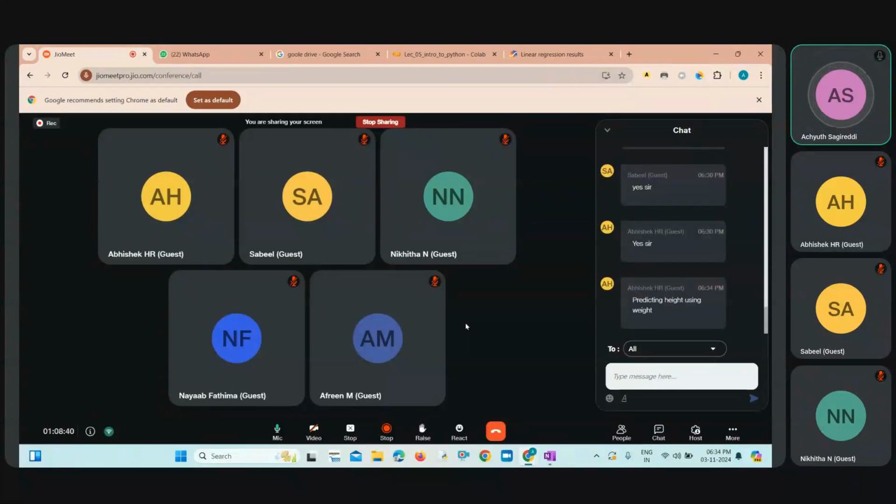Predicting height using weight. Yeah, exactly. That is one example. Any other guesses? Yeah, some other thing is predicting sales and demand.